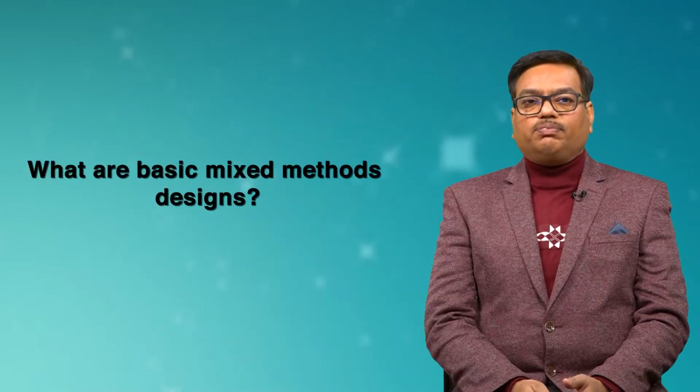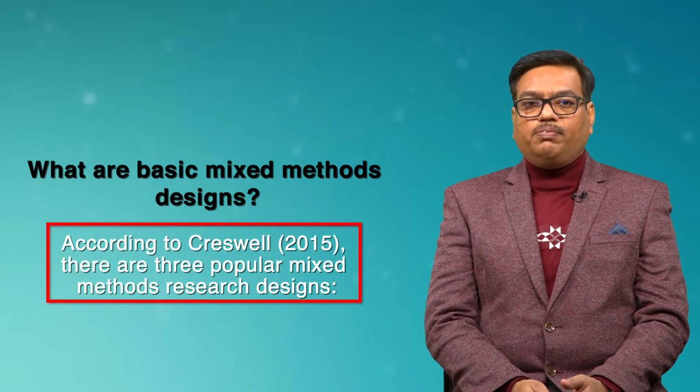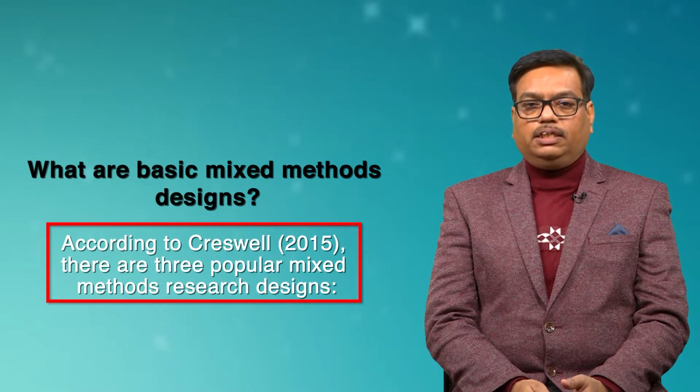And now we are going to talk about what the basic mixed methods designs are. According to Creswell, there are three popular mixed method research designs. Before discussing these research designs, first you have to understand, in mixed method research we use mainly two things, qualitative data and quantitative data, and there are three ways to use these data.